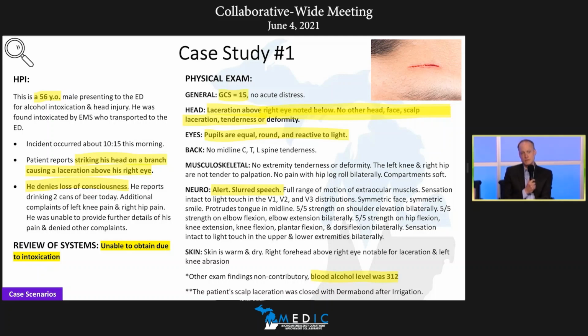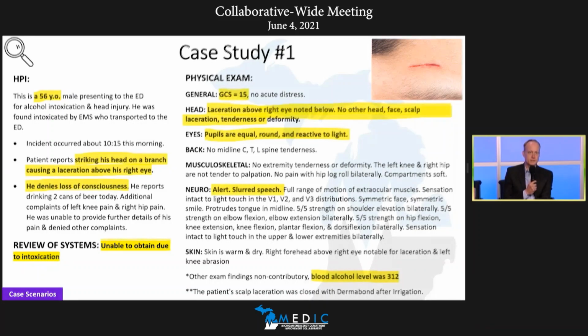So let's flip over to the other side of the screen. We've got a physical exam. Interesting in the context of that review of systems, we have a normal GCS, Glasgow Coma Scale of 15, no distress. The note of the laceration above the right eye, again, you can see the picture there.